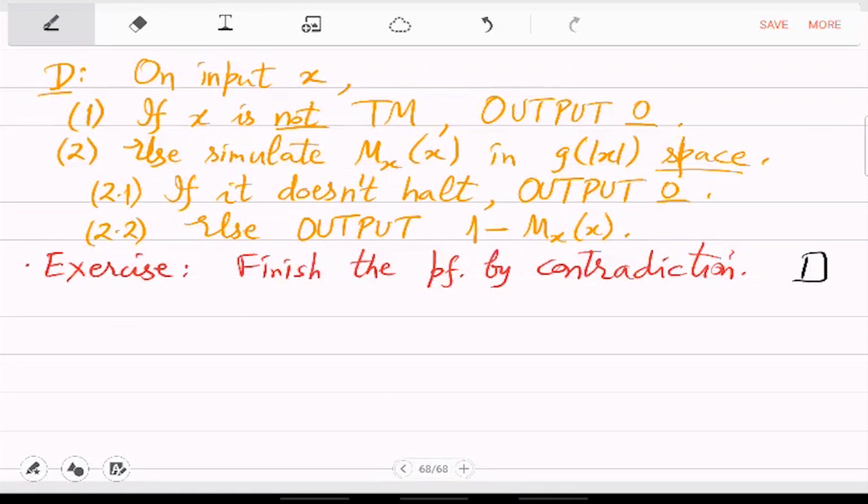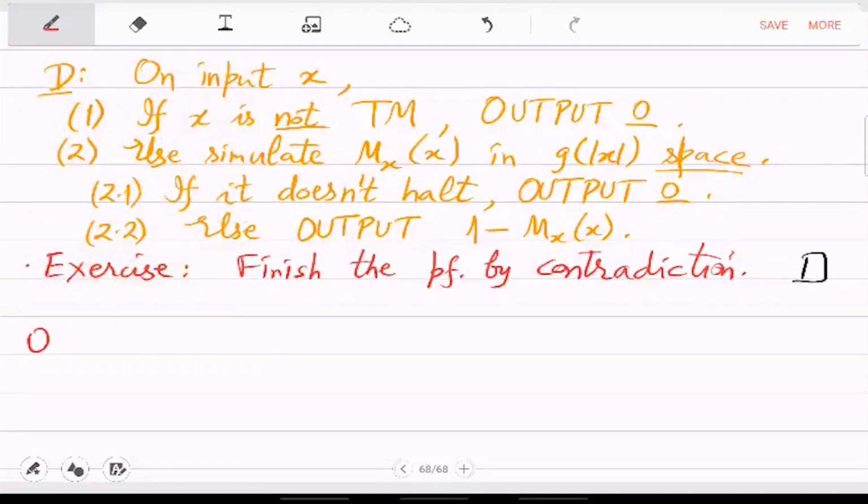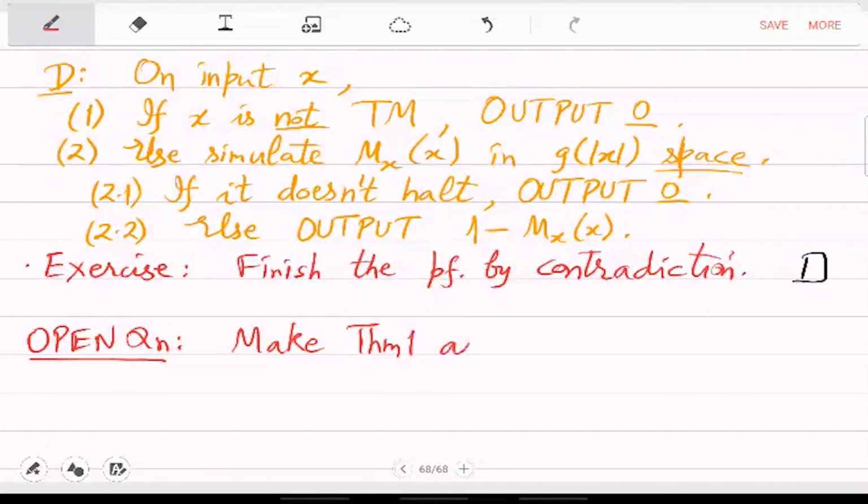And what is an open question here? What's open here is, can you make theorem 1 as strong as theorem 2? Okay, is that possible? So in theorem 1 you had this G more than F times log F. Can you prove the same thing for G more than F?